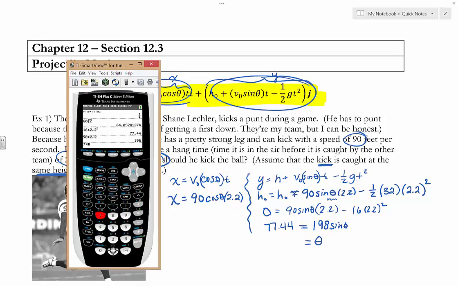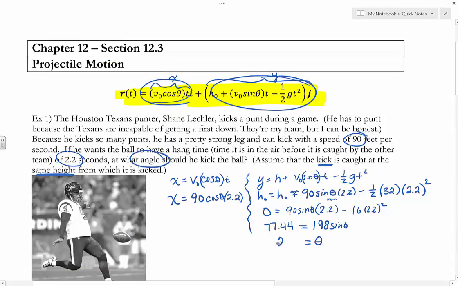So 77.44 divided by the answer. I'm going to take the inverse sine of that. 23.023. So 23 degrees. We'll just go to the nearest degree. So 23 degrees.